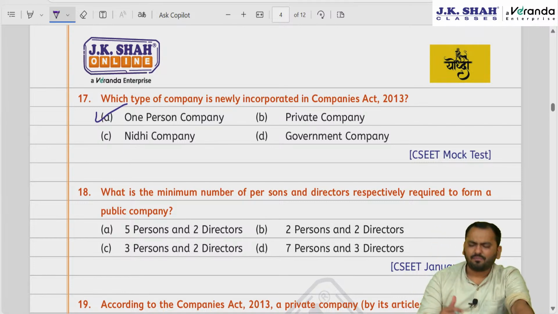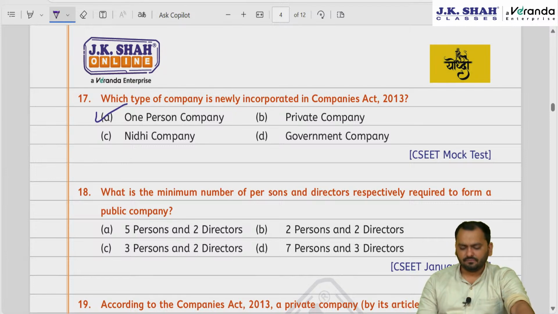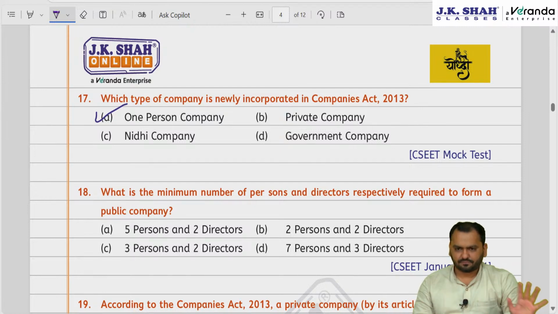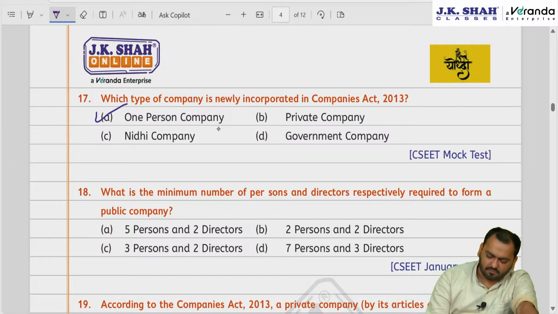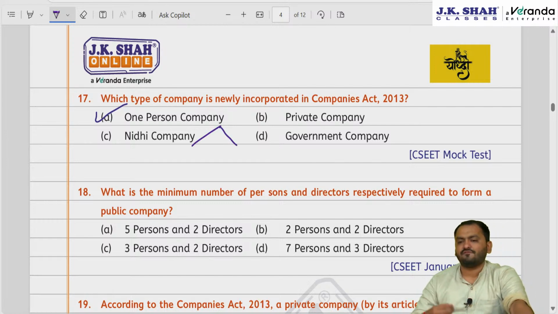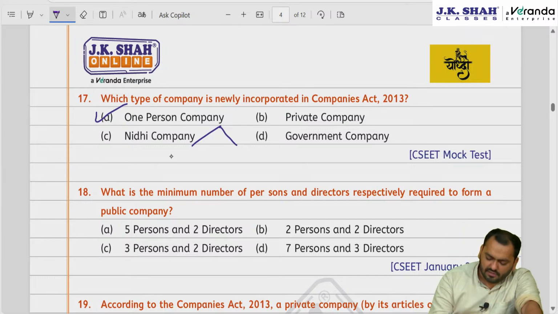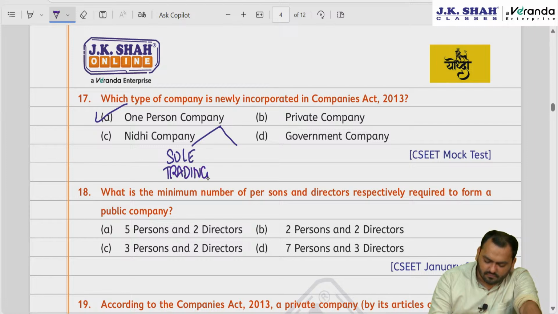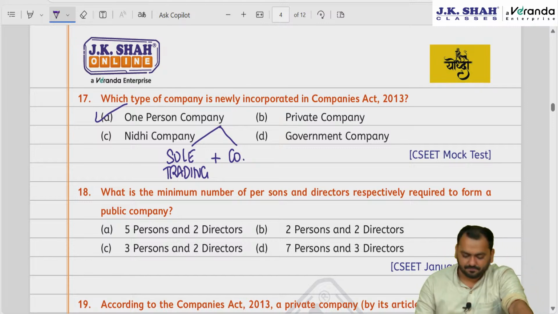What does one person company mean? See, it is firstly a company other than a public company. So it's very clear that this is not a public company. And this one person company was formed with the features of both. It is a combination of a sole trading concern plus a company, that is, a corporate structure.